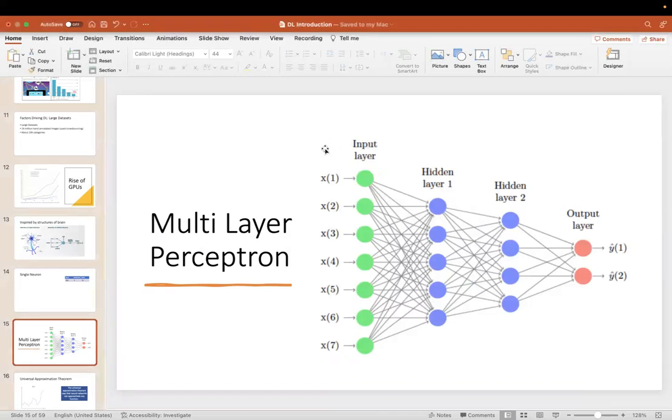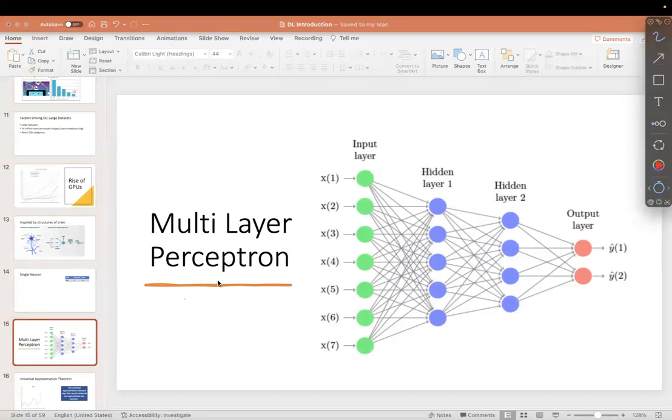For example, every neural network or multi-layer perceptron will contain three things. One is called your input layer, and one is called your output layer. The number of neurons in the input layer would typically be determined by the number of inputs we have, right?